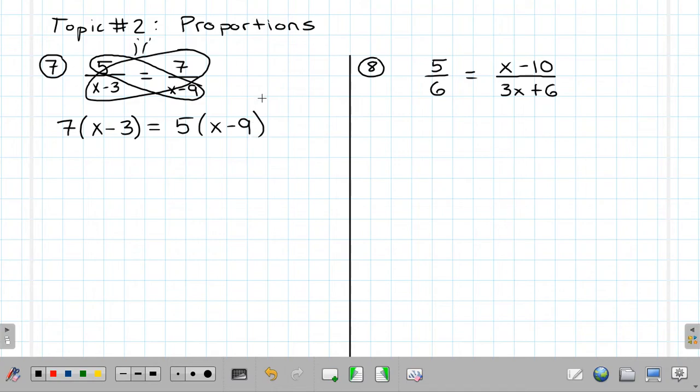Now, where people did mess up with these is they forgot to include the parentheses, okay? Technically, with each one of these, you can think there's parentheses around it. So you've got 7 times (x minus 3) in parentheses, 5 times (x minus 9) in parentheses, because it's important you have the parentheses because technically what you need to do next is distribute.